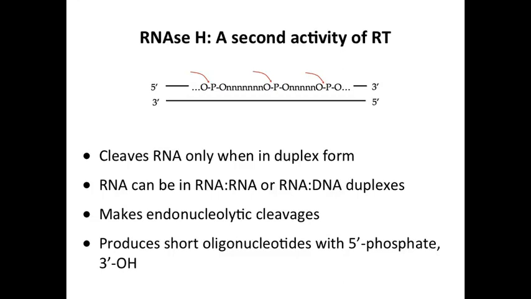It's an RNase, only when it's in a duplex form. And that means double-stranded. It could be RNA-RNA or RNA-DNA. So it will cleave one strand of the duplex, and it cleaves endonucleolytically. It cleaves inside, not at the ends. It's not an exonuclease. It's an endonuclease. It cleaves on the interior, and it cleaves in this manner.